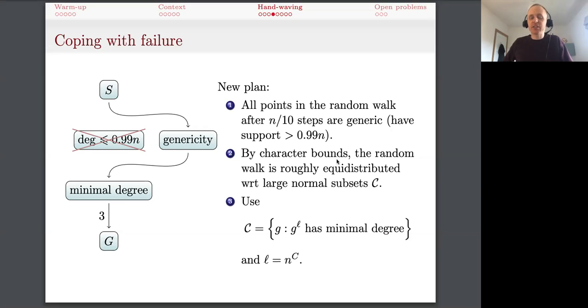And the value of this is I can pick my favorite large normal subset. And my favorite large normal subset is the set of all elements which sort of get step 2 done immediately. So you take all elements G which have a smallish power which has minimal degree.